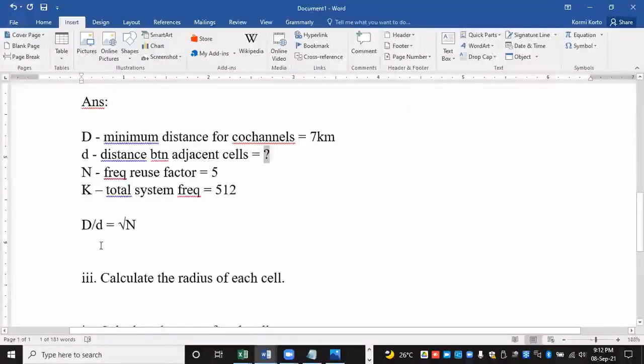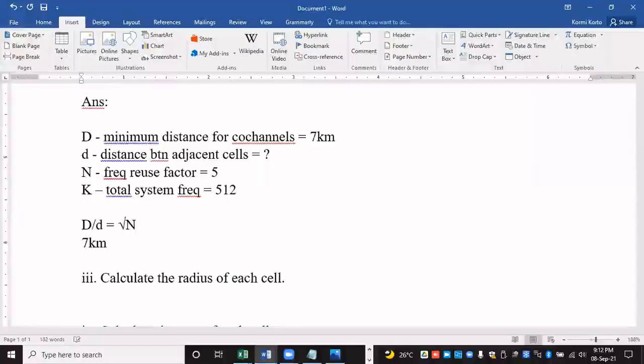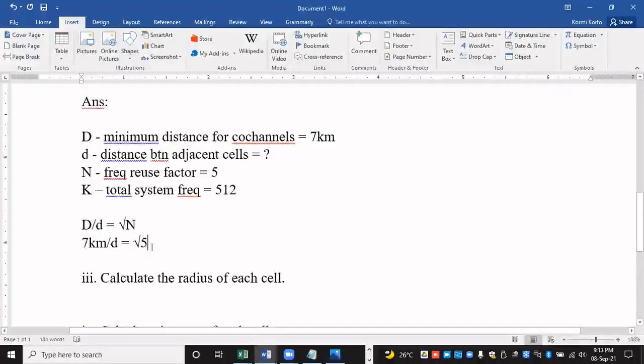So let's plug in the values and see. We had D to be 7 kilometers, divided by small d, which is what we're looking for, equals the square root of the reuse factor of 5. So we cross multiply.